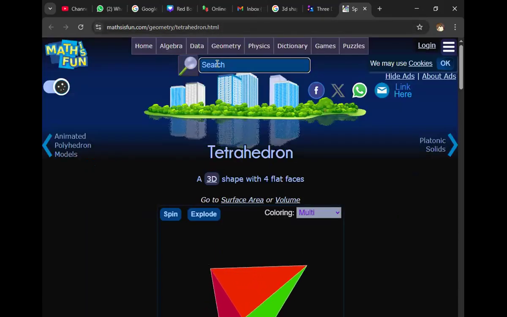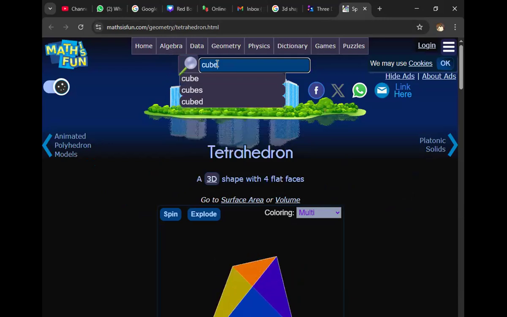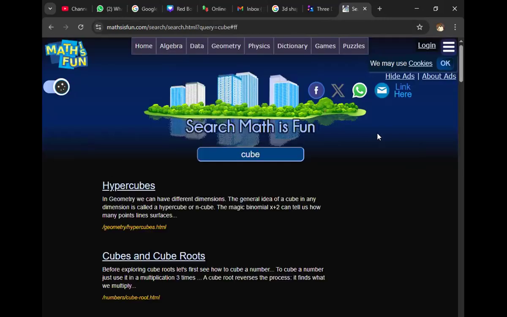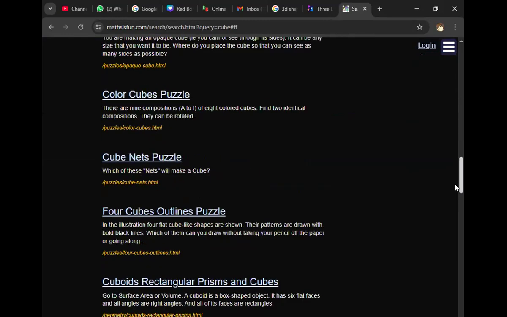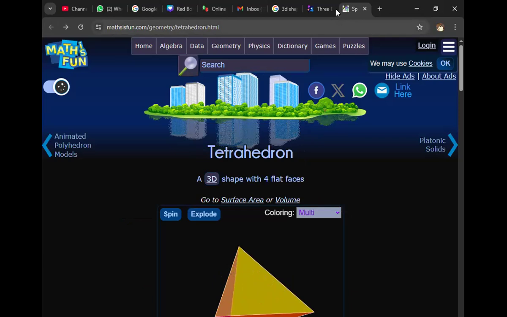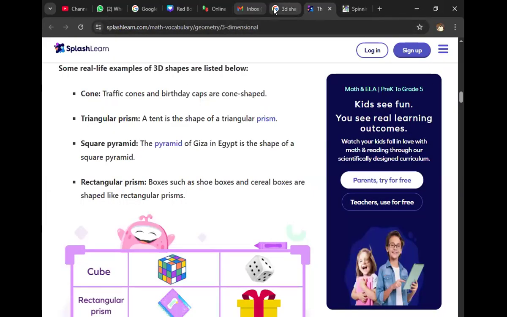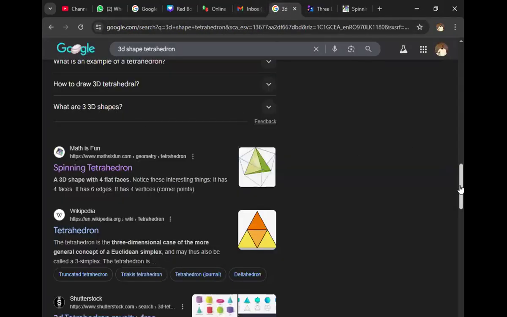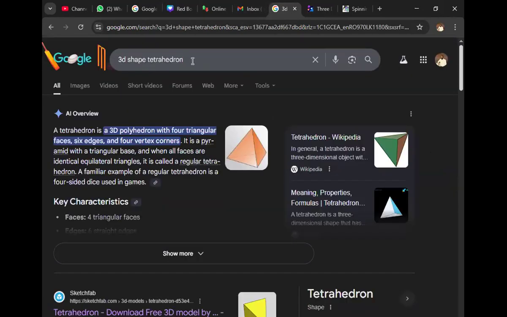So can I solve the cube? Hello, let's see. I think no. Creamy shape cube.